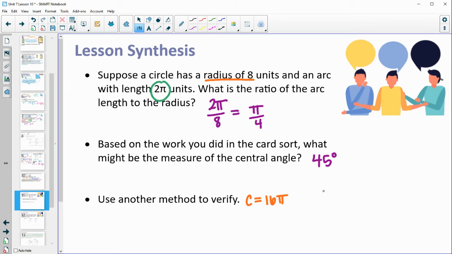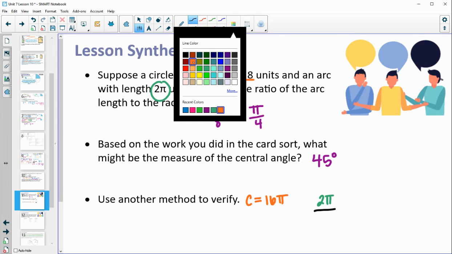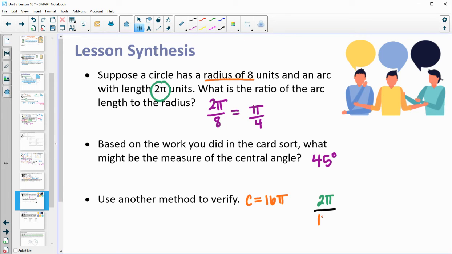So let's compare 2 pi to the entire circumference to see what portion of the total circle we have. Those pi's cancel out, and 2 over 16 equals 1/8. And 1/8 of an entire circle, which is 360, is 45 degrees.